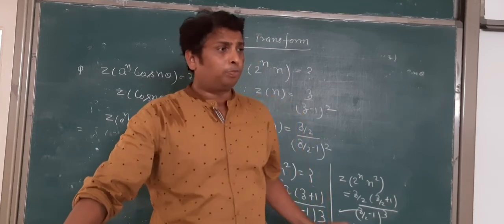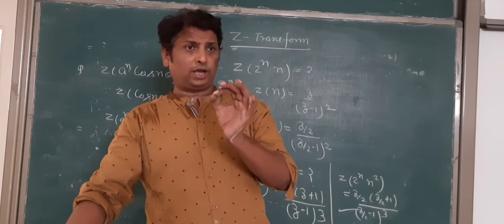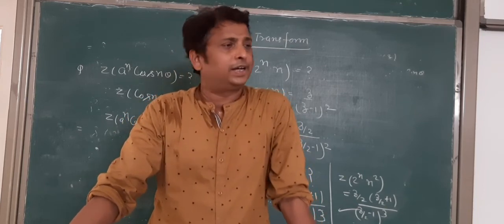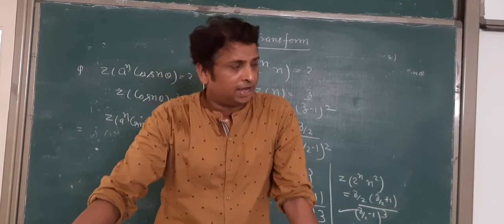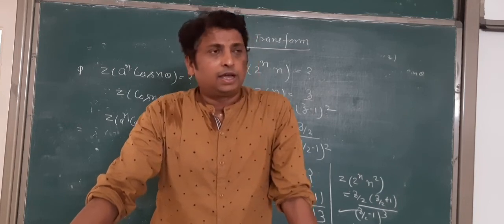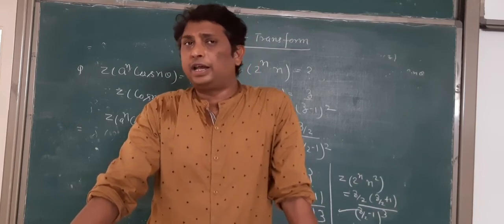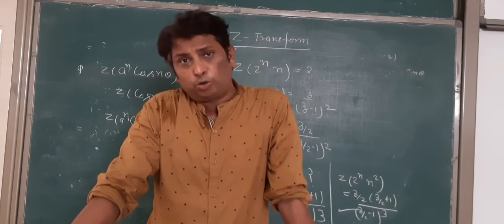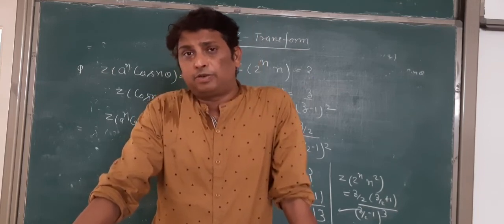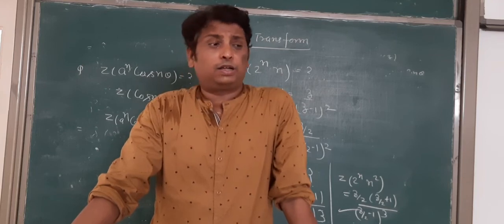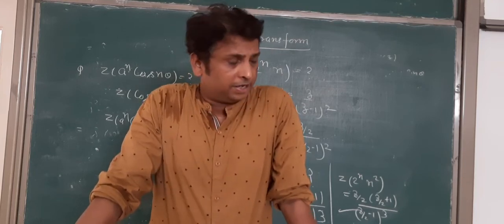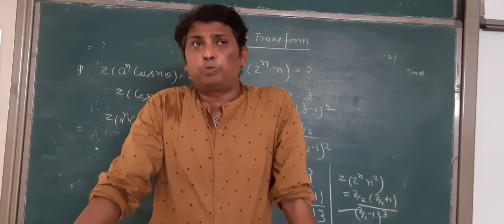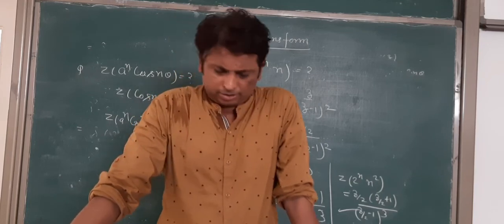So hope you understand the damping rule and how we use it, and how we calculate z transform of cos n theta and z of sin n theta. In the next lecture again I will try to calculate the z transform of some more interesting functions of combination type.